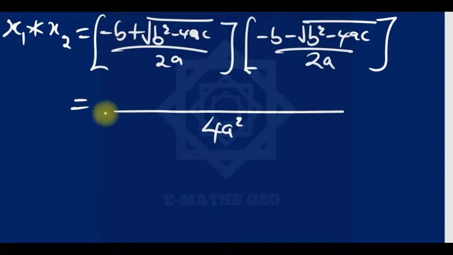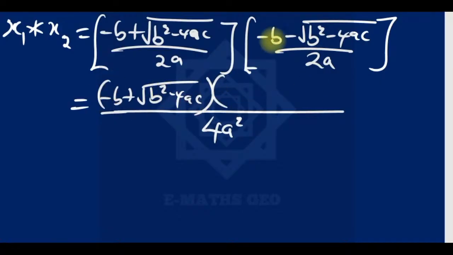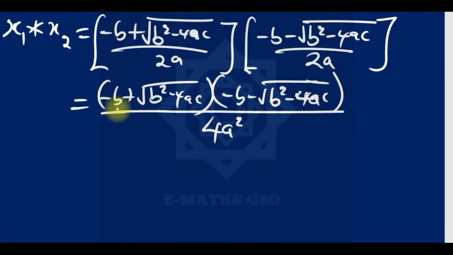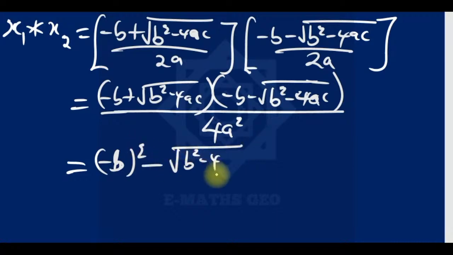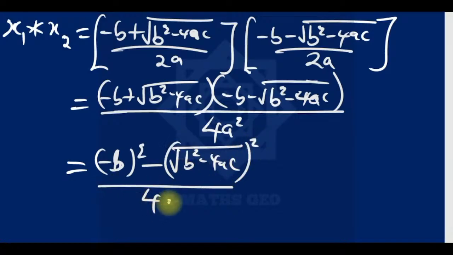The numerator is minus b plus that, times minus b minus this. You can see that it's now a difference of two squares. So we can write it as minus b all squared minus the square root of b squared minus 4ac all squared, over 4a squared.